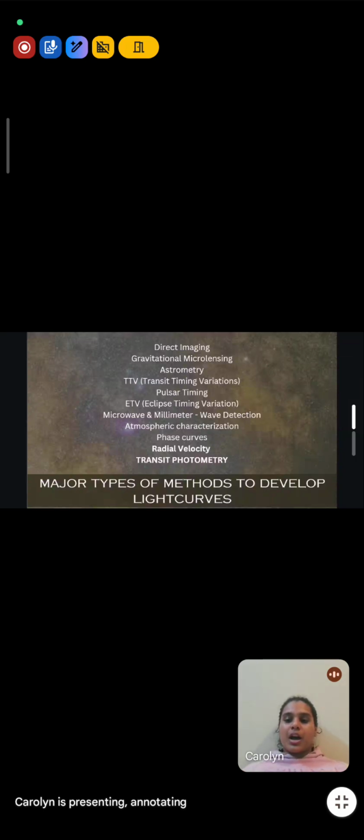These observations are very sensitive to thermal emissions of the planet, and can provide information about their atmospheric properties, their temperature fluctuations, and any kind of thermal related observations can be made using millimeter wave detection.